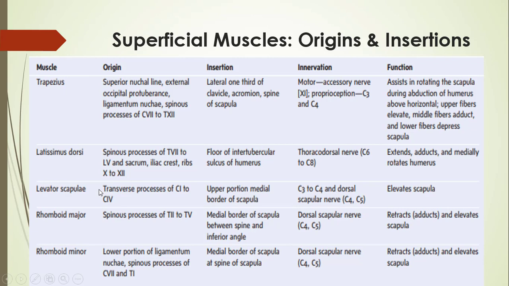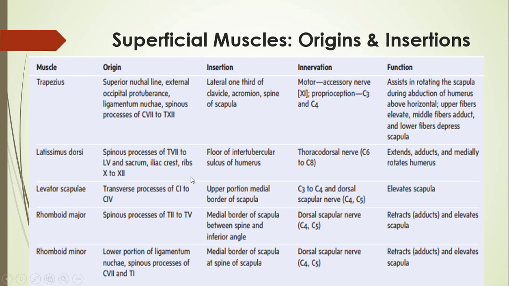Levator scapulae originates from the transverse processes of cervical 1 to cervical 4 and inserts into the upper portion of the medial border of scapula. The rhomboid major originates from the spinous processes of thoracic 2 to thoracic 4. The rhomboid minor originates from the lower portion of the nuchal ligament and the spinous processes of cervical 7 and thoracic 1.